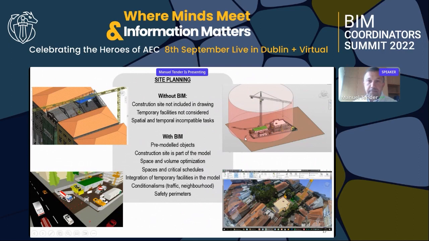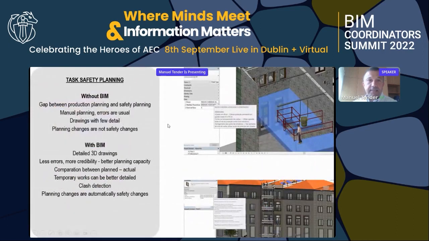About task planning, what can we say? Without BIM, we usually have, and it's one of the major difficulties in our area, a gap between production planning and safety planning, also with lots of manual and error-prone work. And when we make planning changes, they do not translate into safety changes.